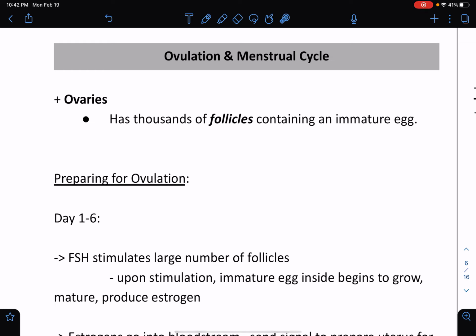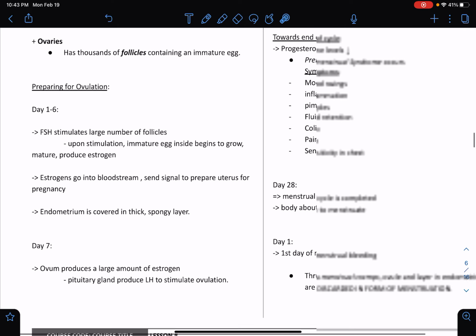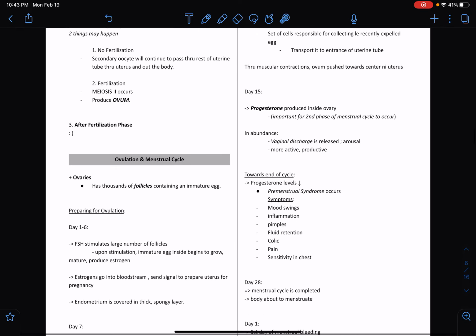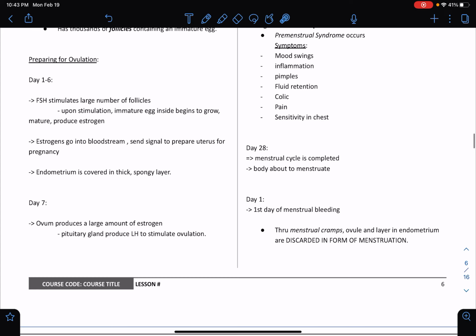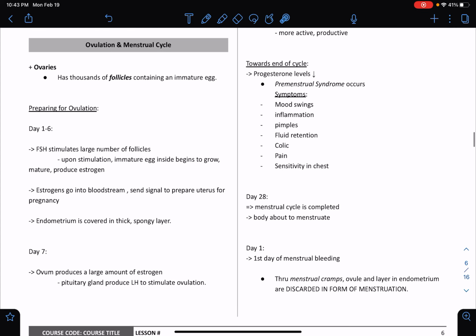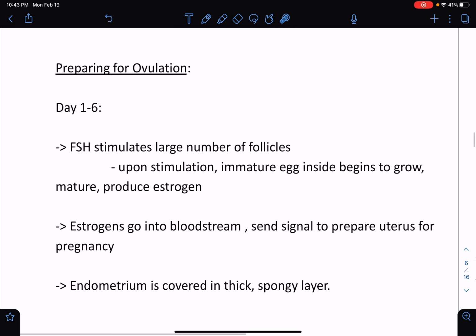So preparing for ovulation. By the way, this part is going to be for ovulation. So days 1 to 6, the FSH, or in other words, the follicle stimulating hormone, stimulates a large number of follicles.